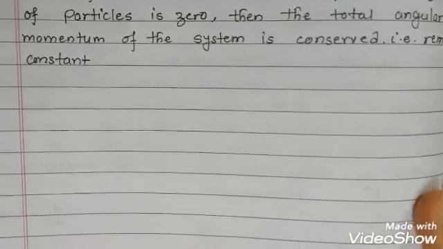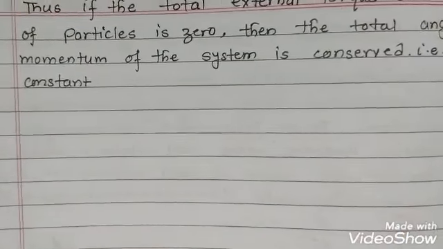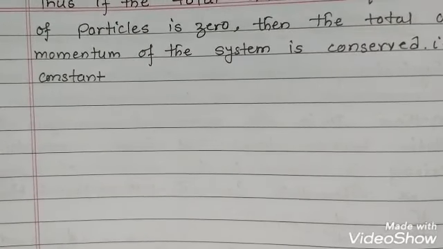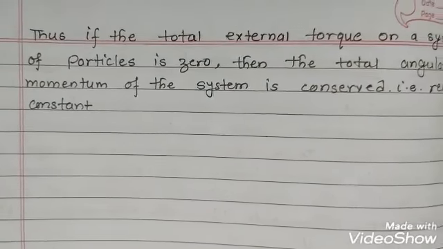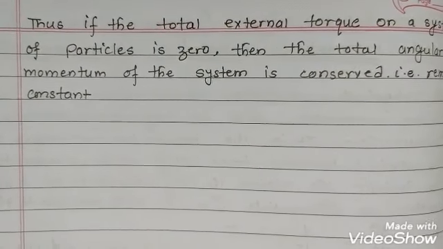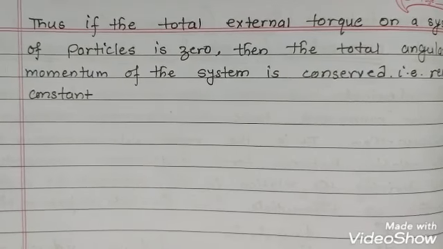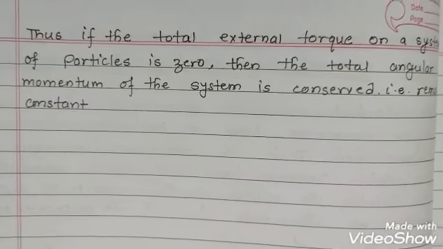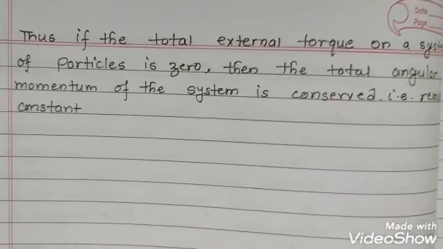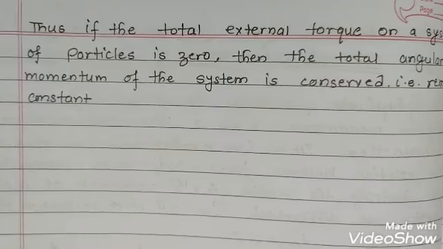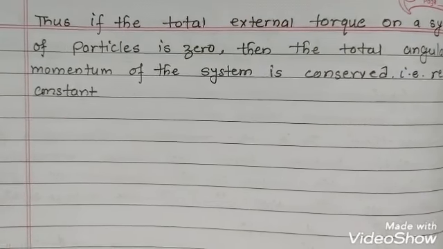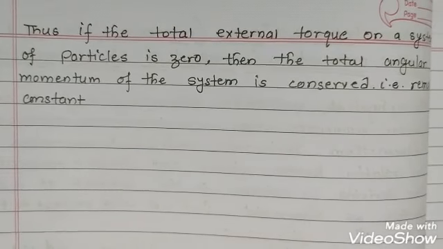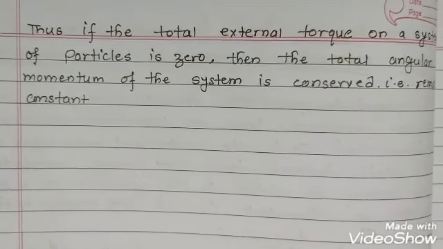This statement, or this equation, is considered the rotational analog of the equation dp upon dt equal to 0 and p equal to constant, that is the law of conservation of total linear momentum for a system of particles. It has application in many practical situations. We shall look at a few interesting applications later on in this chapter.